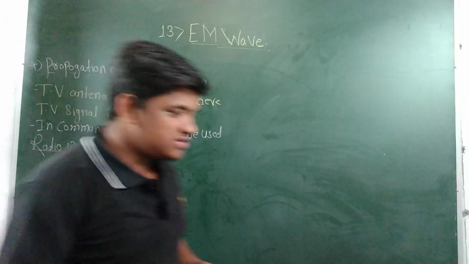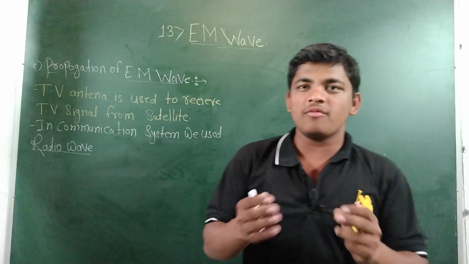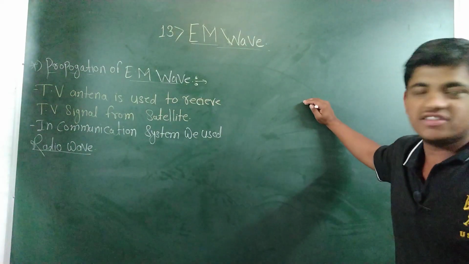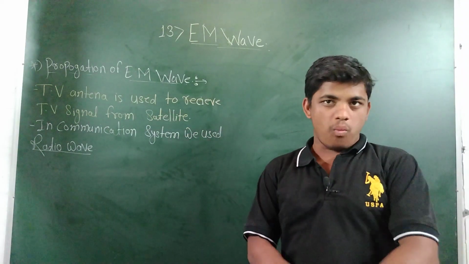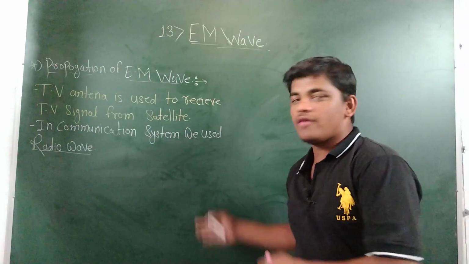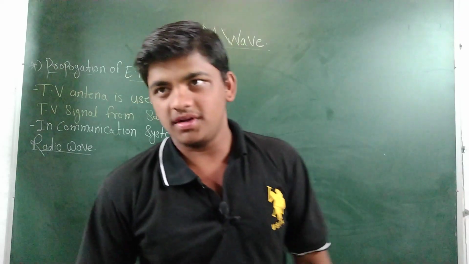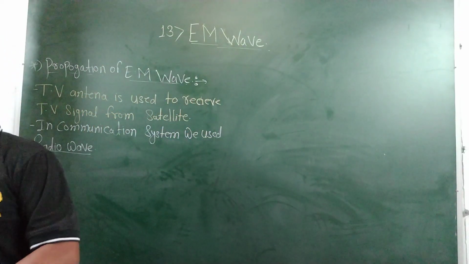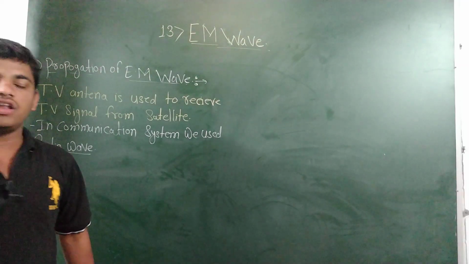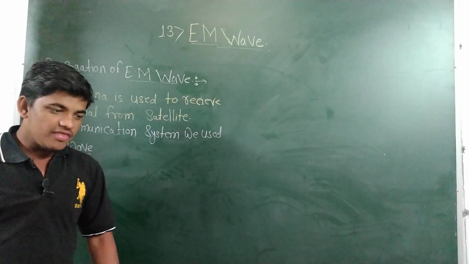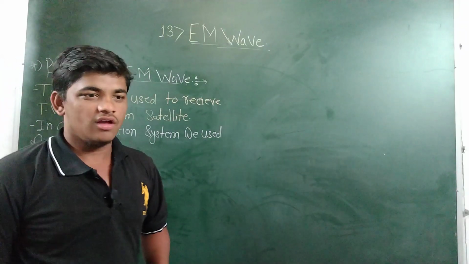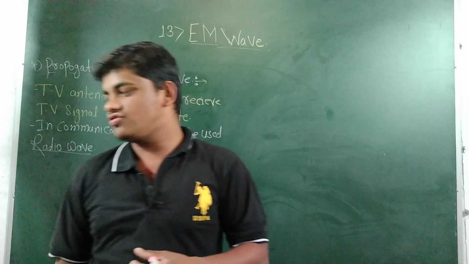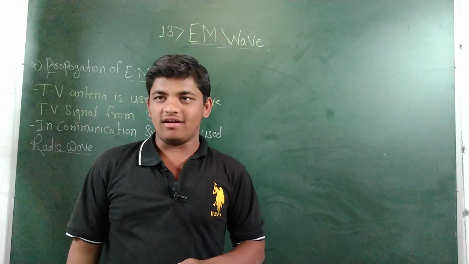Which type of electromagnetic wave is used for transmission in the communication system? This is called radio waves, and they are transferred from the transmitter to the antenna. This radio wave travels through space and reaches the TV antenna.